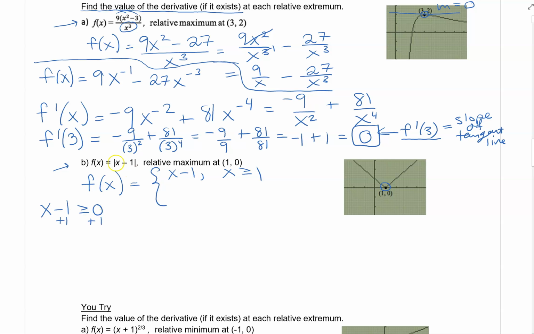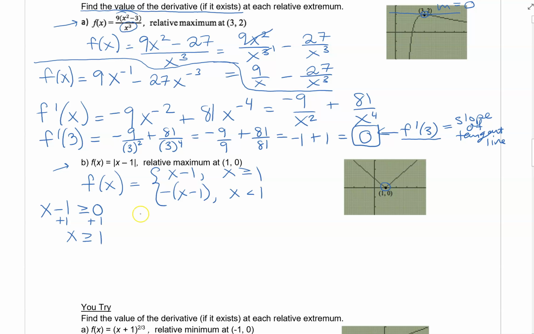I can set the inside of the absolute value greater than or equal to 0 and add 1, and I can see, okay, for x's that are greater than or equal to 1, this value will stay positive, which means the absolute value won't change it. But for x's less than 1, like 0, -1, if I plug those in for x, I would have negatives in the absolute value. So the absolute value would then change the sign and make it opposite. So I'd have the opposite of x minus 1.